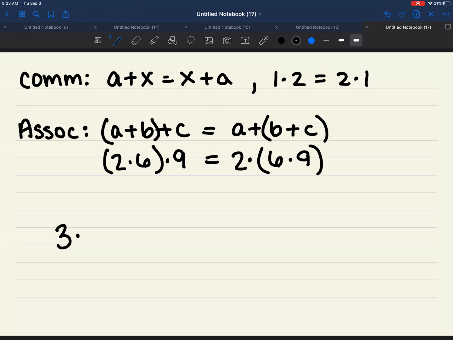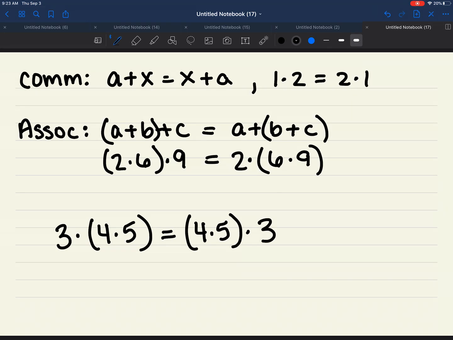Sometimes people will see something that looks like this and say that it's associative because the parentheses moved. Why is this not associative property? Because the order of those numbers changed. Can anyone tell me what property this shows? Commutative.